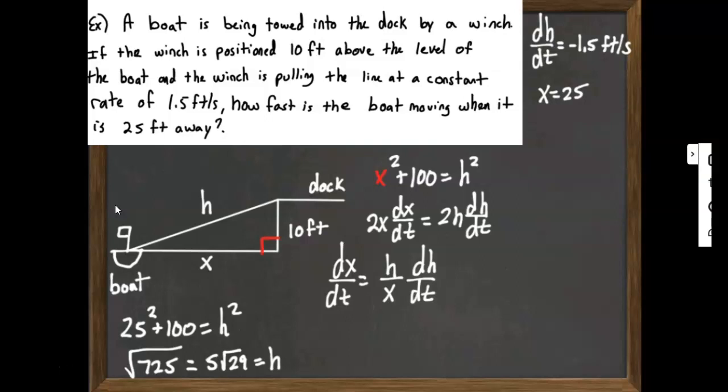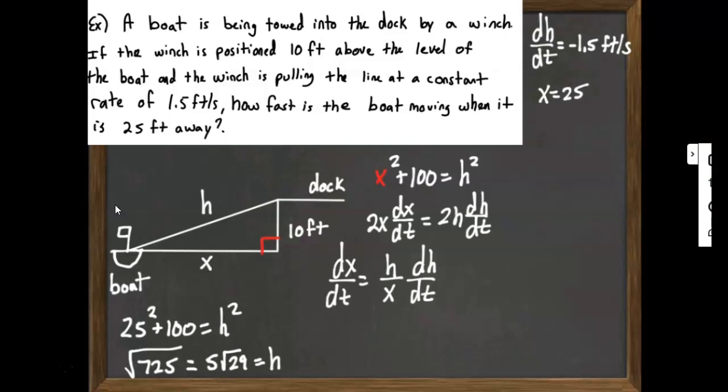To get h, we take the square root of 725, which simplifies to 5 square roots of 29. Again, we're going to be looking for a decimal answer, so unless the problem wanted an exact answer, leaving it as the square root of 725 would not really hurt.